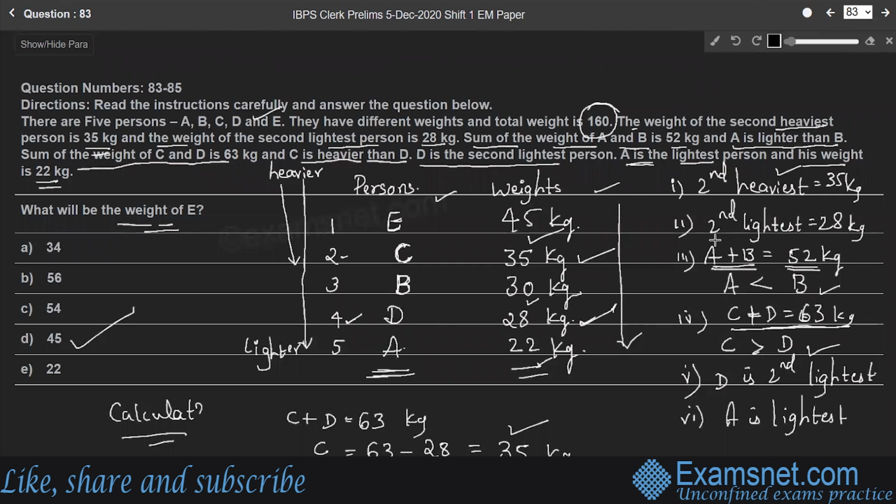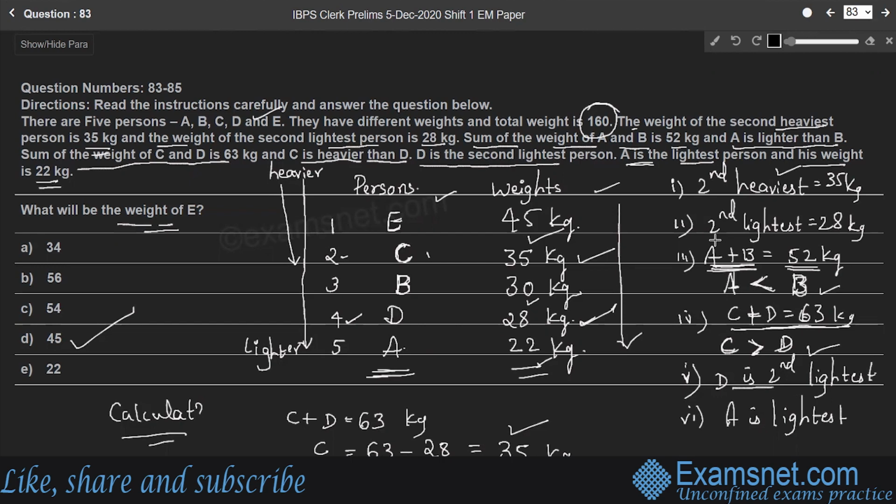And A plus B, weight of A and B together is 52 kg. Also A is lighter than B, A is less than B. And C plus D, weight of C and D is 63 kg. C is heavier than D, which is given.